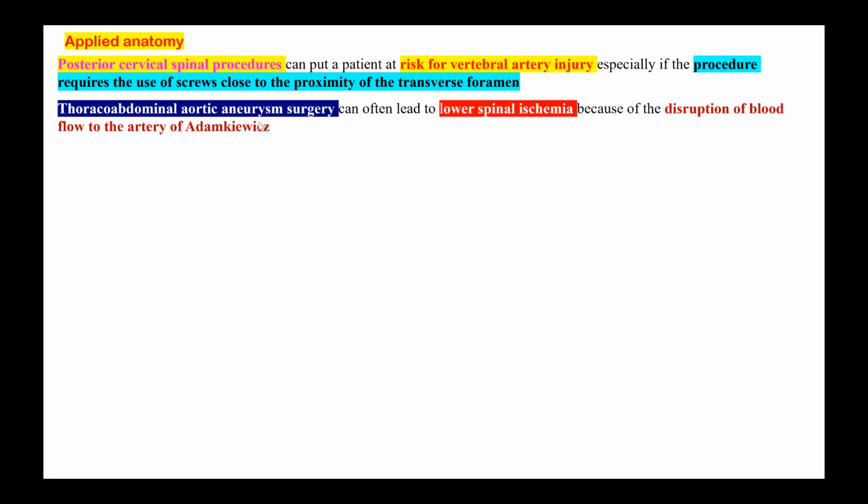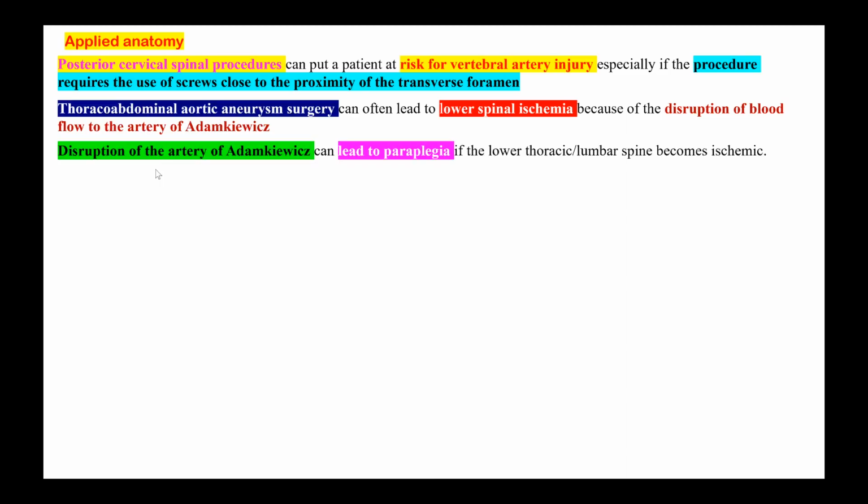Thoracoabdominal aortic aneurysm surgery can lead to spinal cord ischemia because of decreasing flow in the arterial supply. Disruption of the artery leads to paraplegia if the lower thoracic and lumbar spine becomes ischemic.